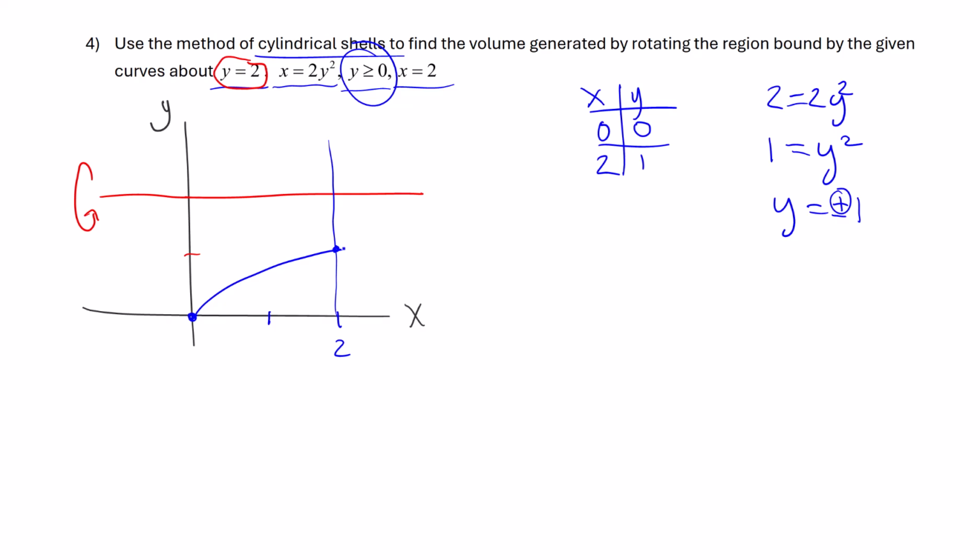Now, it's bound by x equals 2, the curve, and y being greater than or equal to 0. So that's really just this kind of solid region that's really touching the x-axis, but we're rotating that about this line y equals 2, which means we're going to get kind of an odd looking shape.